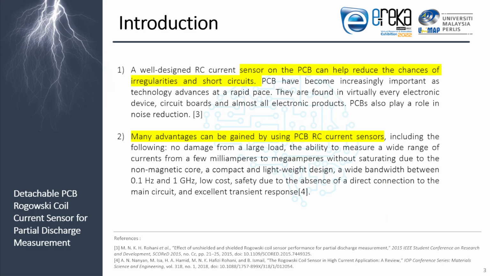And for the introduction, a little brief about what PD is. It is a localized dielectric breakdown caused by voids in the HV electrical insulation, and if left undetected, it can eventually lead to the full breakdown of the insulation system. So we need to design an RC current sensor on the PCB that can help reduce the chances of irregularities and short circuits.